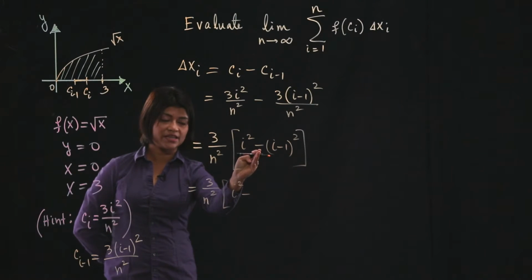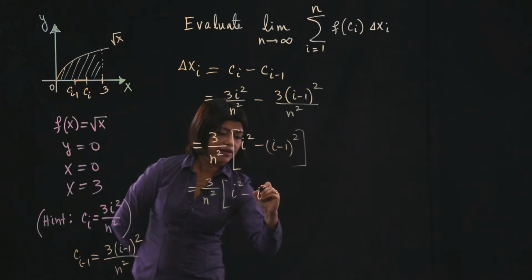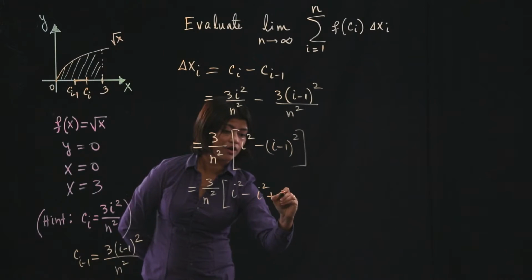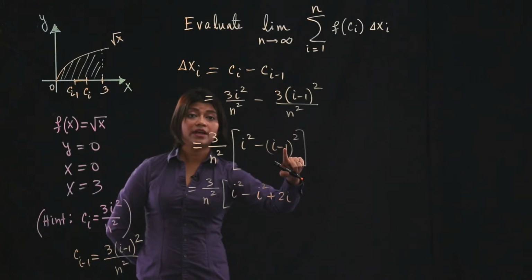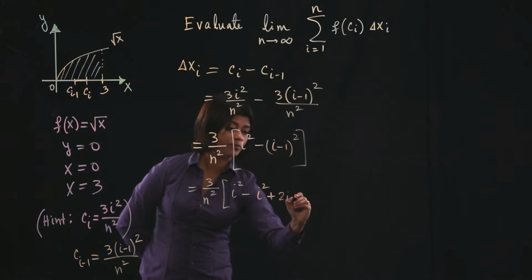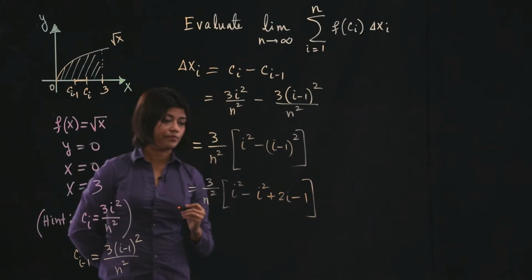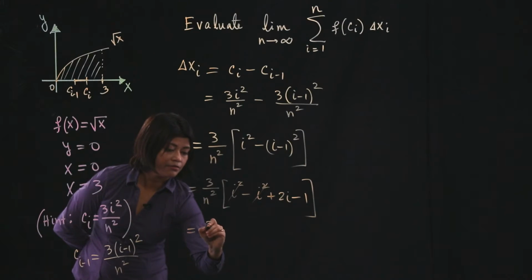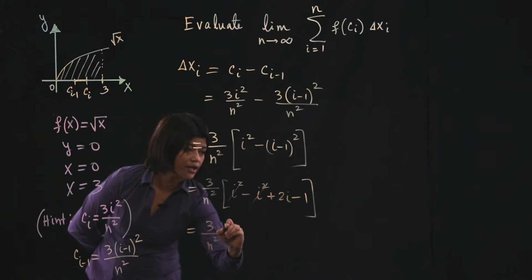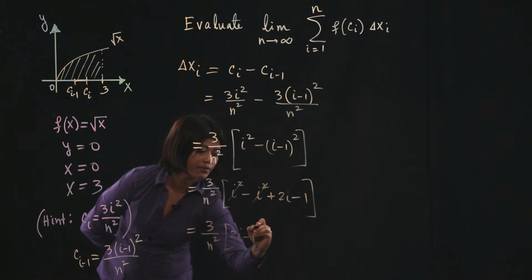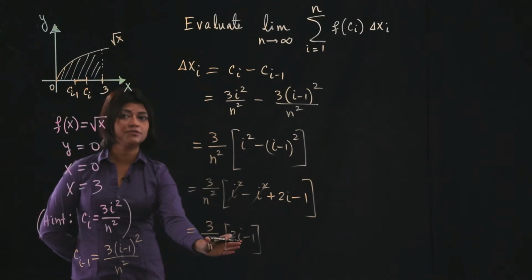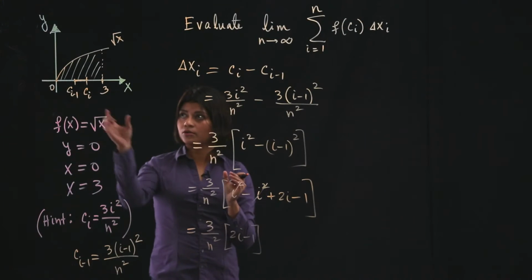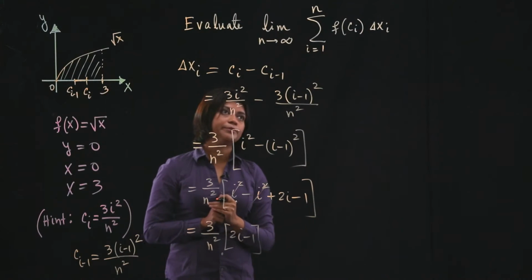Be careful, there's a negative sign in the front. So you will have i squared, a negative 2i which with the negative becomes positive 2i, and then 1 squared, which with the negative becomes negative 1. And so i squared cancels, and you will have 3 over n squared times (2i minus 1). So this is the expression for delta xi, which is the length of the subintervals when you partition the interval 0 to 3.